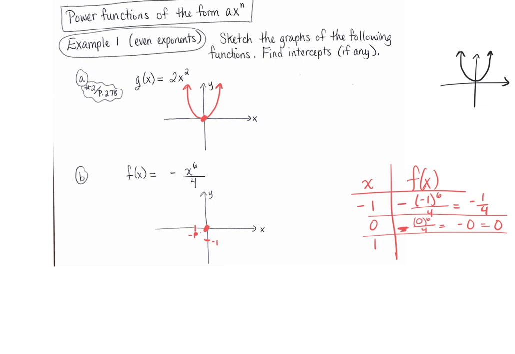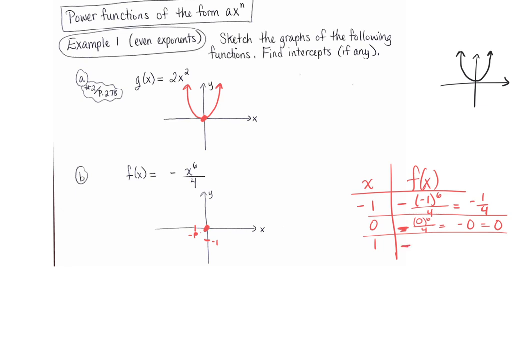And then when you substitute in 1, what do we get? Not +1/4. Tell me why it would not be positive. It'll still be negative, right? Because you have this negative right here still. Good.